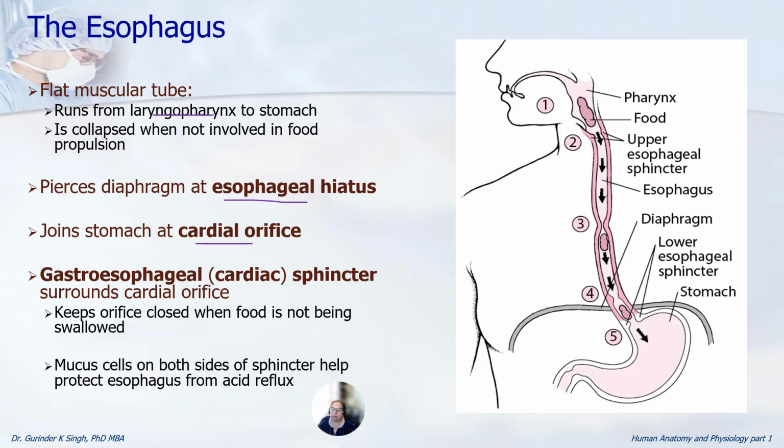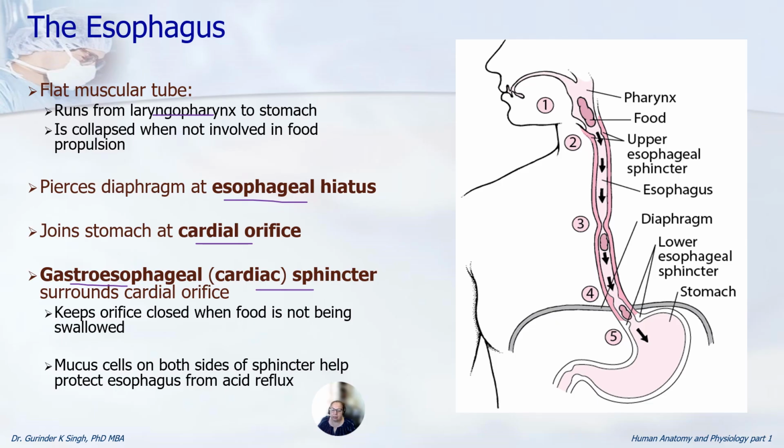Okay, if you remember, the heart is connected to the pericardium, etc. That means they are meeting towards that area, hence we call it the cardial orifice. It also has a sphincter at that point, known as the cardiac sphincter, or the gastroesophageal sphincter.